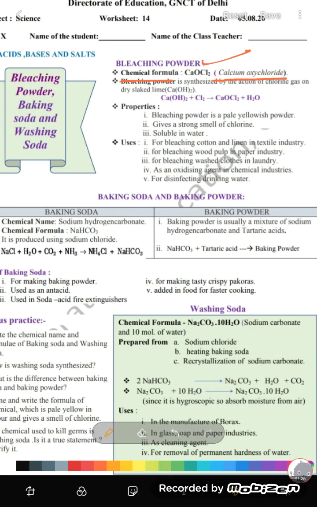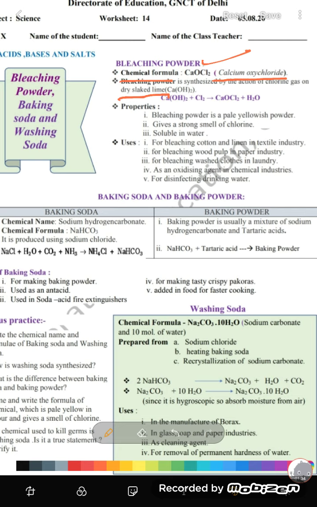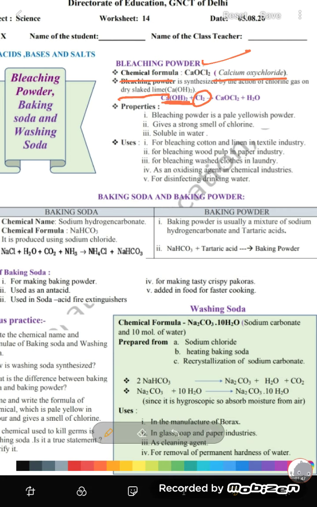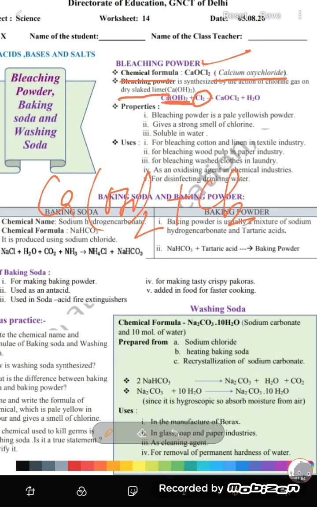Bleaching powder is prepared by the action of chlorine gas over dry slaked lime. This means calcium oxychloride, which we call bleaching powder, is prepared by the action of chlorine gas on calcium hydroxide. See how our calcium hydroxide combines with, or reacts with, chlorine gas.